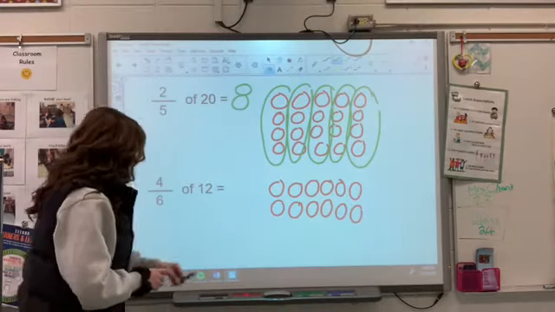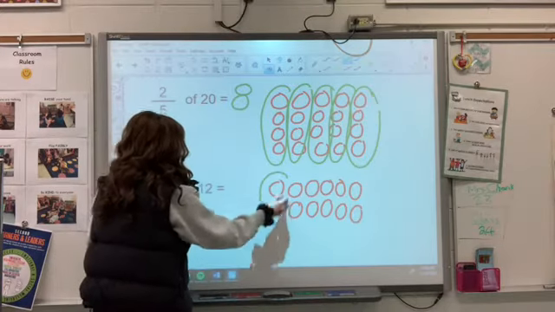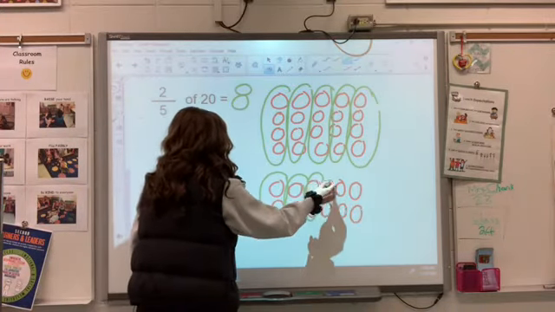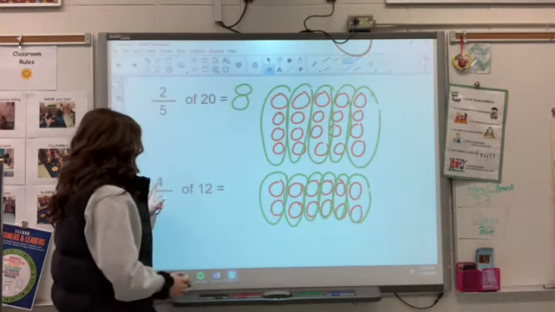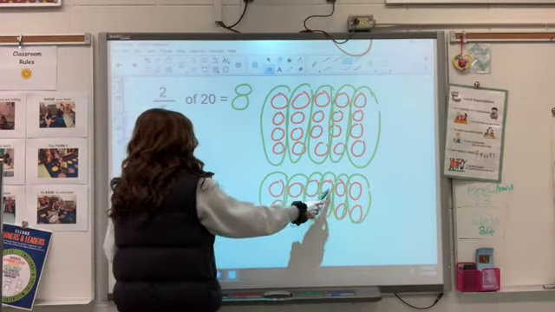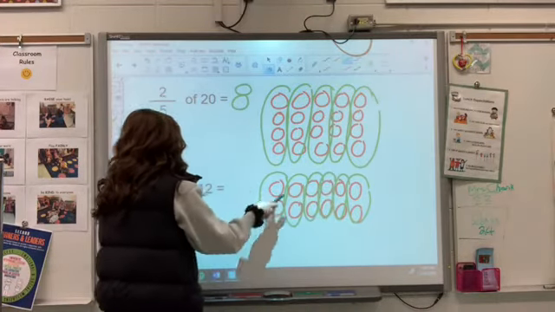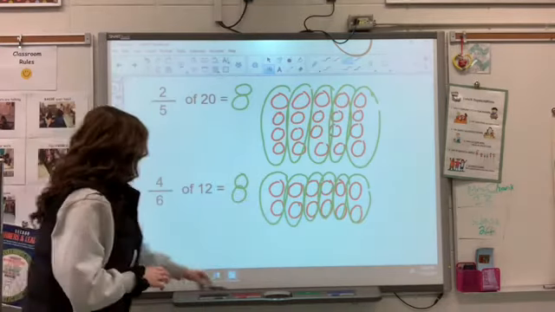Now I want to know how many are in 4 of those 6 groups. So I'm going to circle my 6 groups. 1, 2, 3, 4, 5, 6. Here's 1 group, 2 groups, 3 groups, 4 groups. That's 2, 4, 6, 8. Again, the answer is 8, okay?